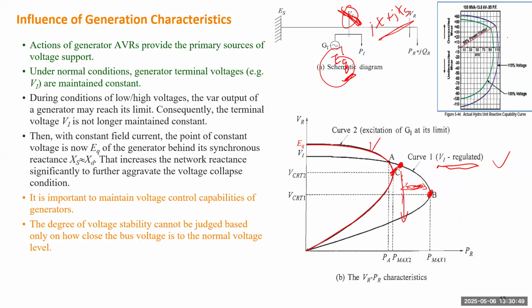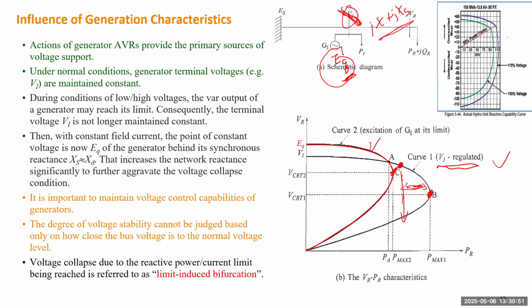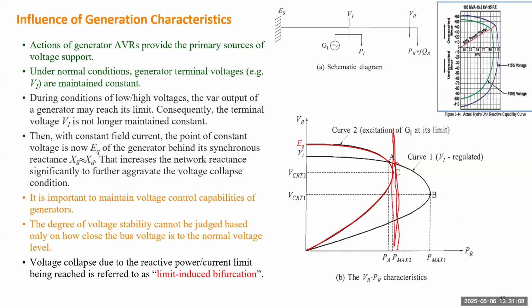Another switch that can happen, this type of condition is called limit-induced bifurcation. It's also a type of bifurcation because before the switch happens, the system may still have two equilibria. Okay, so if this is the original condition, it has a stable equilibrium point and an unstable equilibrium point. So there's enough distance between the stable and unstable one.